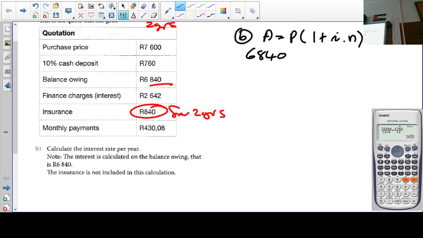That's the balance owing. The insurance is not included in this calculation. Okay. So in other words, if this is your monthly repayment, you then add the insurance to it.